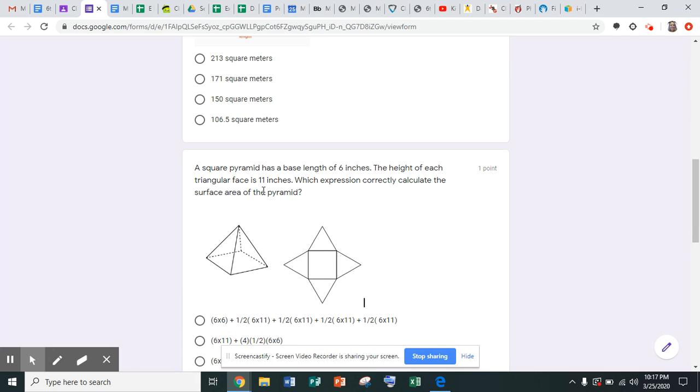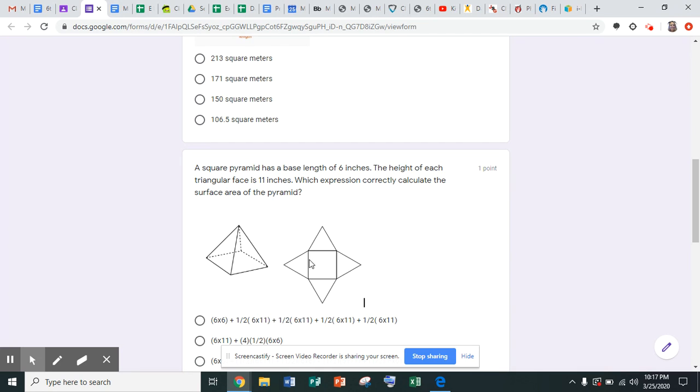Number 2, a square pyramid has a base length of 6 inches. The height of the triangular face is 11 inches. Which expression correctly calculates the surface area of the pyramid? So again, here's the 3D shape of the square pyramid, and here it's laid out. You have a square base, and then you have 4 triangles.